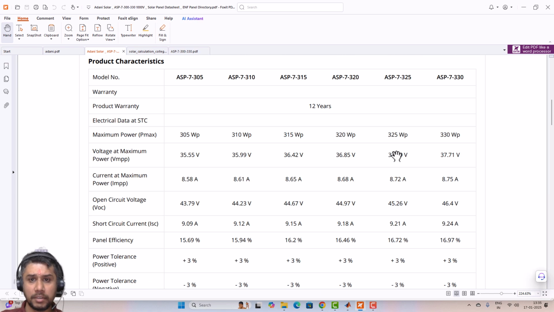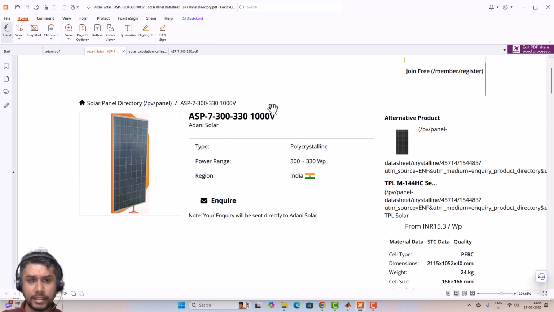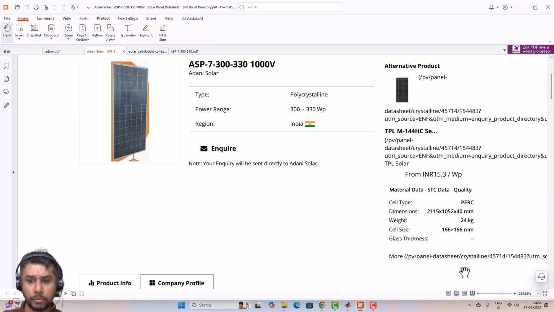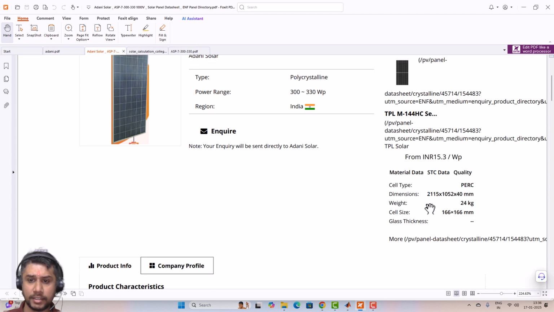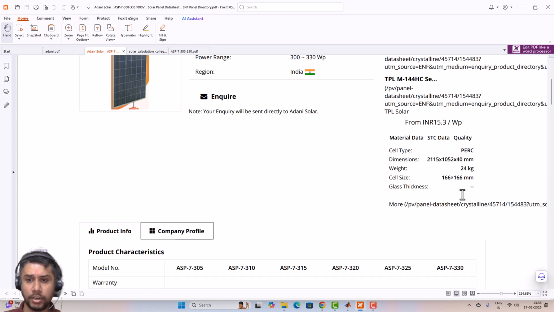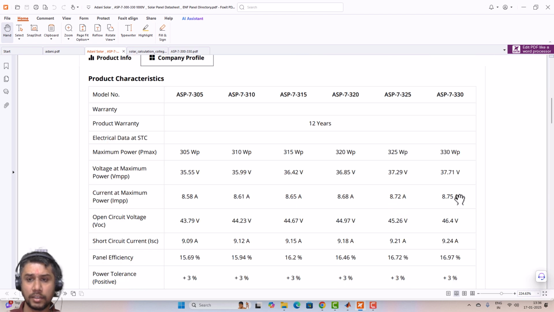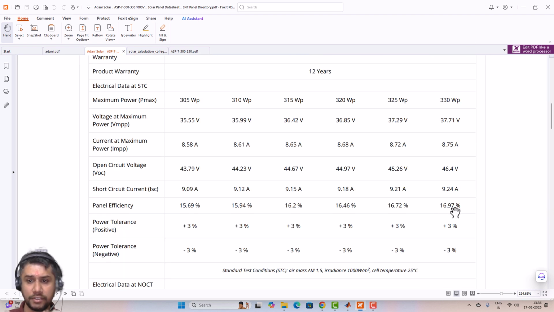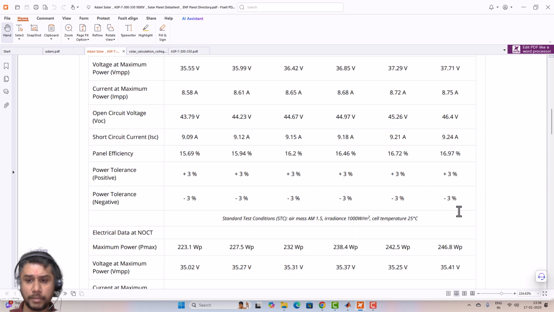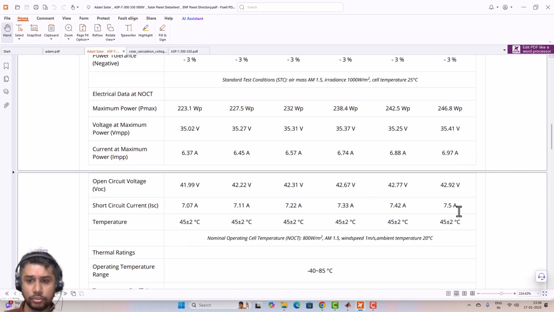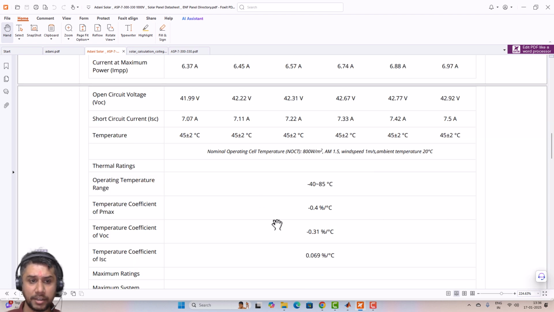This is a similar datasheet available directly on the net, so I have just opened it up. So here it is, PERC type cell types are there, cell dimensions are given, efficiency is mentioned, and all the parameters have been calculated. So we have to consider those parameters.